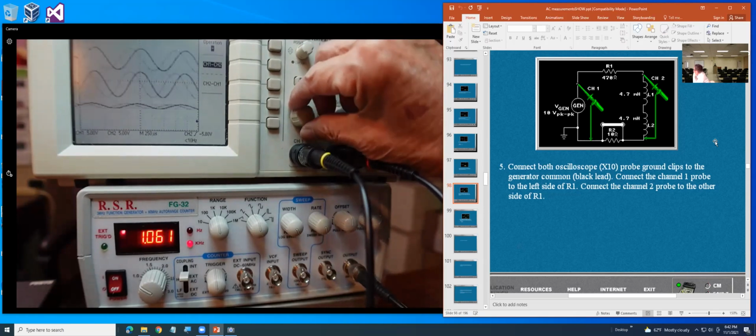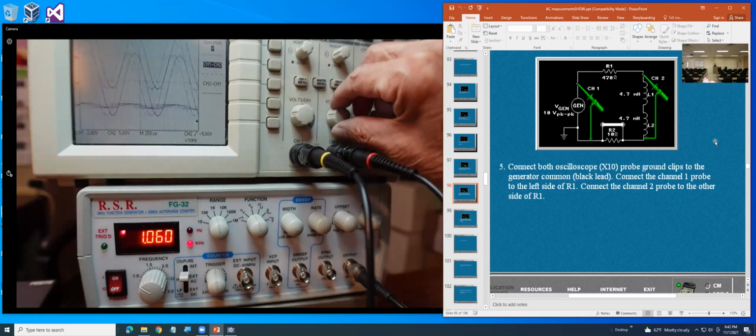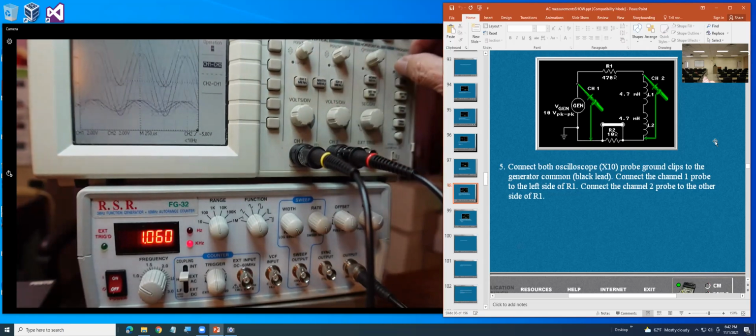So I set that one to be 2 volt. And that one to be oval. Maybe it won't work for 5.